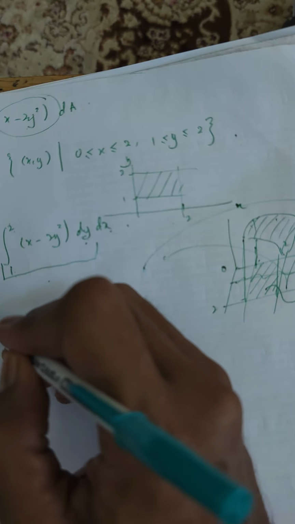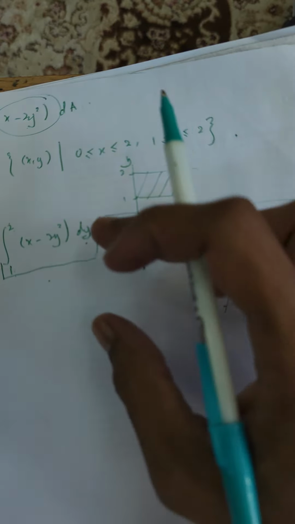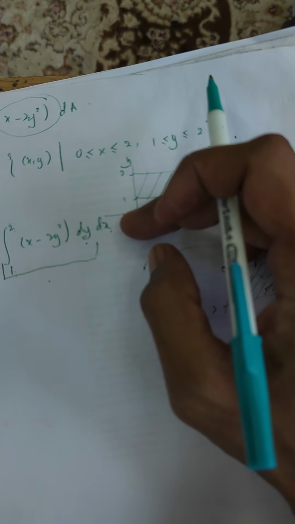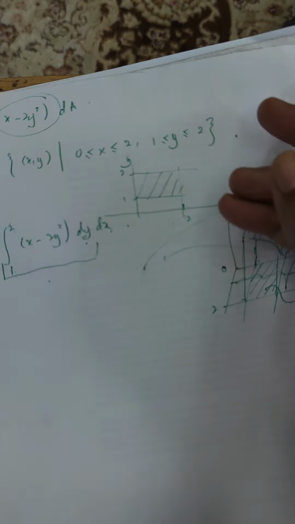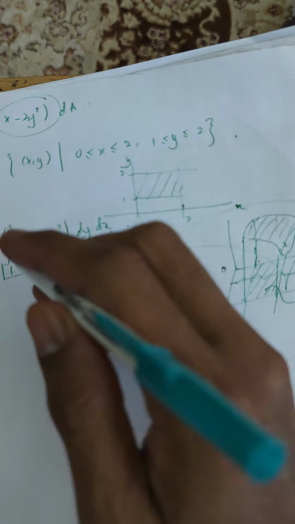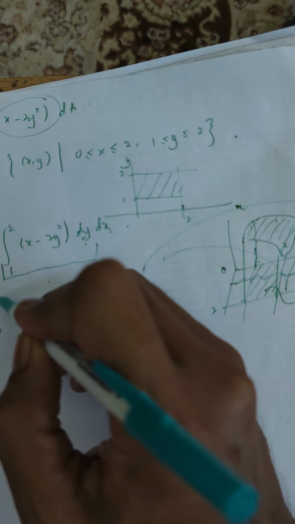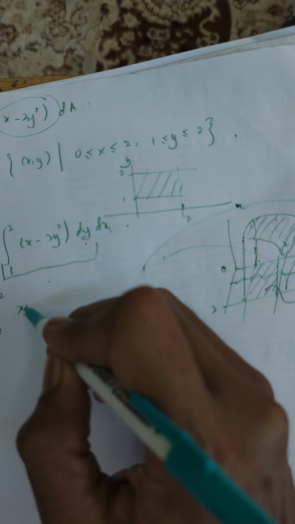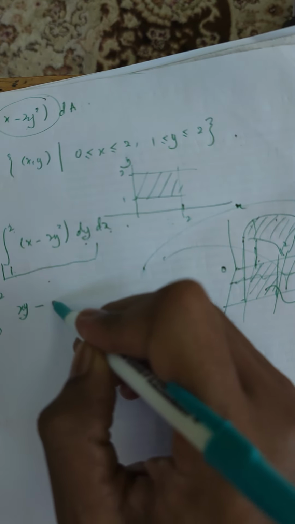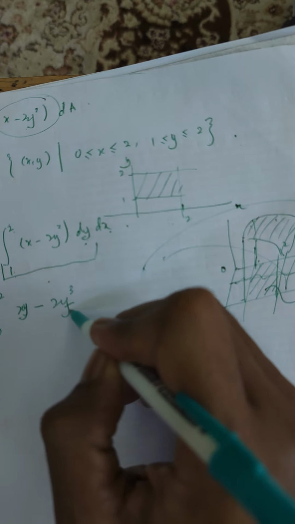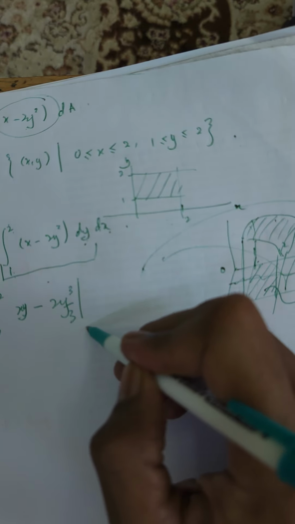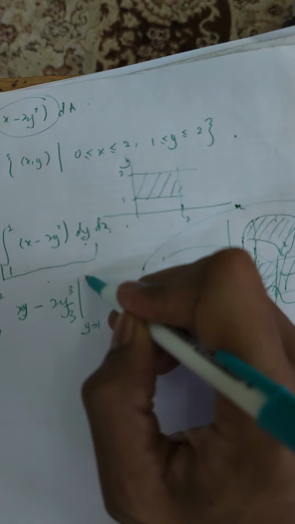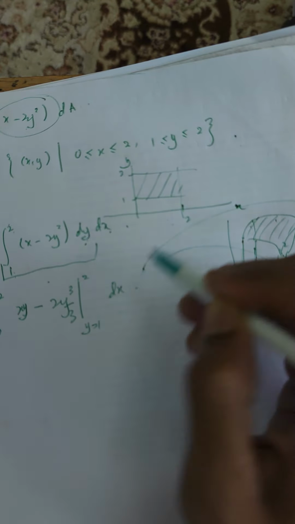Now again, we evaluate that one by one. First, consider x as fixed, a constant, and then we integrate with respect to y. So we have x from 0 to 2. Now we integrate with respect to y. We have xy minus 2y cubed over 3, y from 1 to 2, then dx.